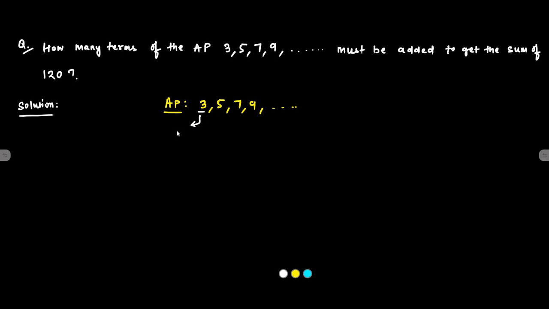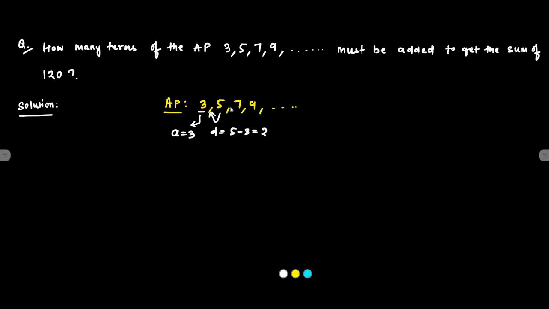Here we have the first term a equal to 3, and the common difference d is equal to 5 minus 3, which is equal to 2. Constant common difference: 7 minus 5 is 2, 9 minus 7 is equal to 2, and so on.